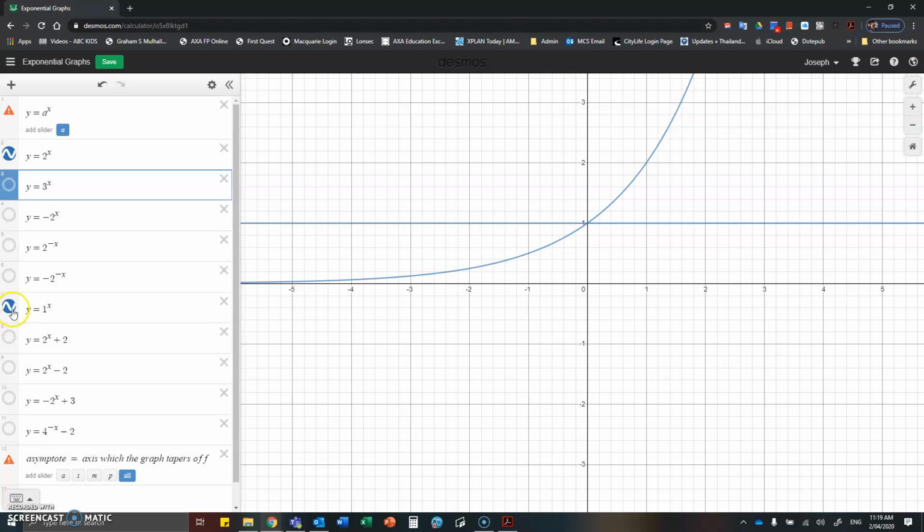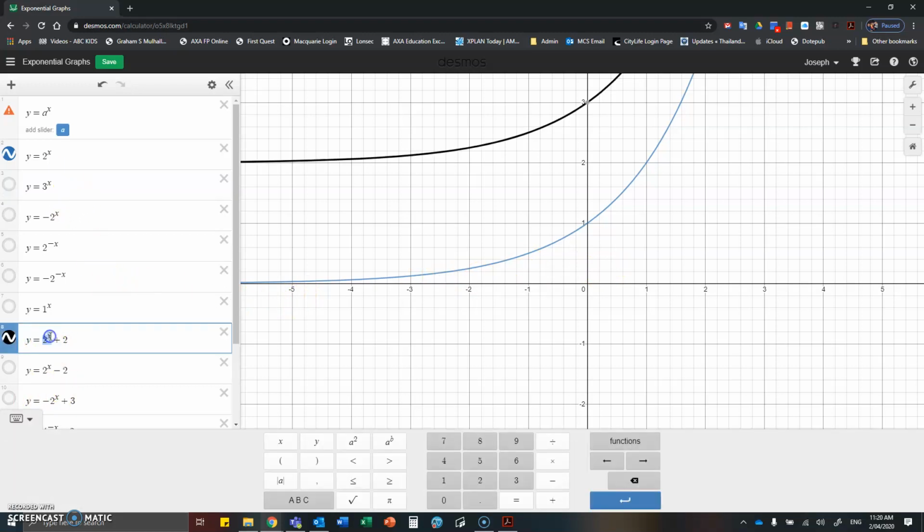Now we've got the next two, and at least this one has a constant. You're familiar with y equals mx plus c, and you would usually treat that as your y-intercept. But in the context of exponential graphs, you'll see that it still translates the graph up.